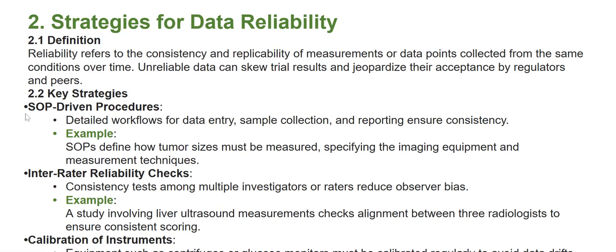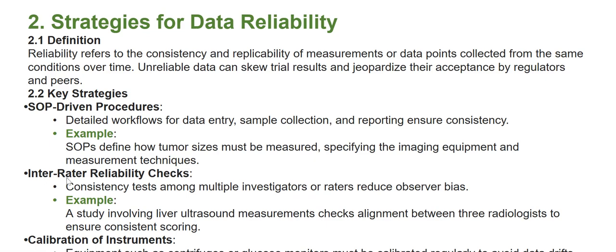Key strategies. SOP, standard operating procedure-driven processes: detailed workflows for data entry, sample collection, and reporting ensure consistency. Example: SOPs define how tumor sizes must be measured, specifying the imaging equipment and measurement techniques.